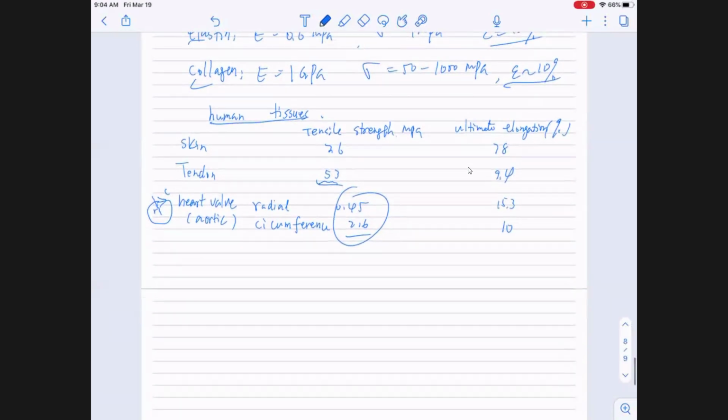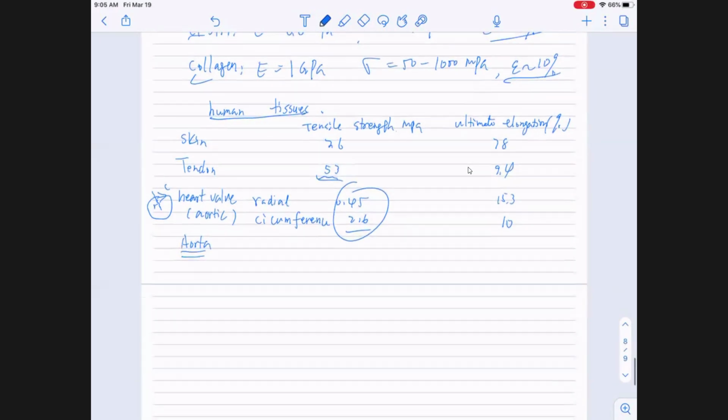And if you take the aorta, some students are working on that, for example the stent. Think about transverse and longitudinal: 1.1 and 0.07.